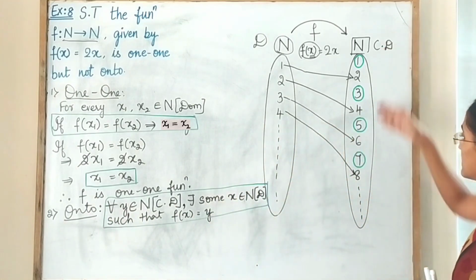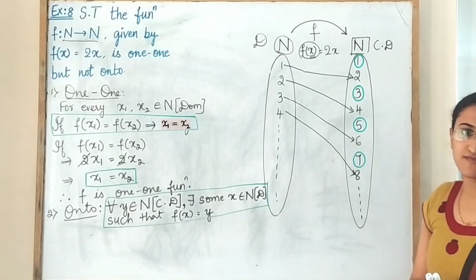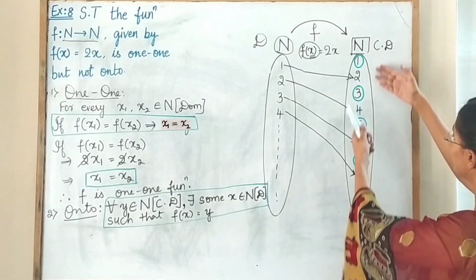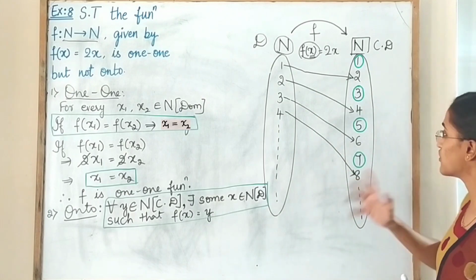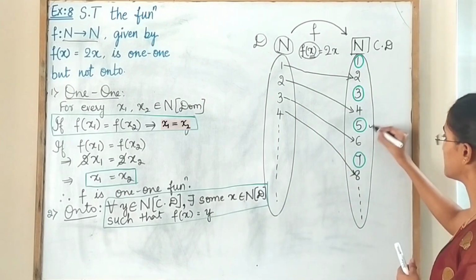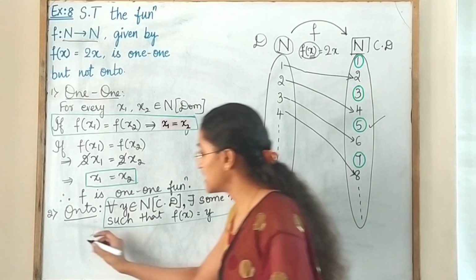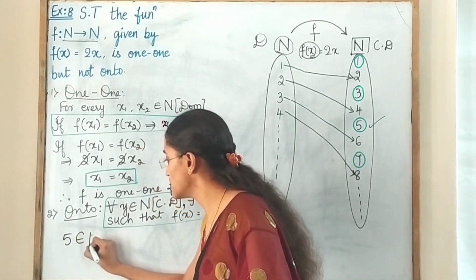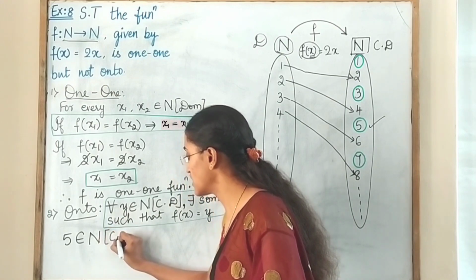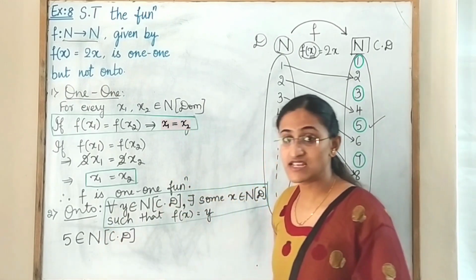Now look in the example or the arrow diagram that we had made. Now you can find many elements which are not mapped. Choose some random element. Okay, if I am choosing the element 5, now you can tell that 5 belongs to natural numbers, that is in the codomain, right?